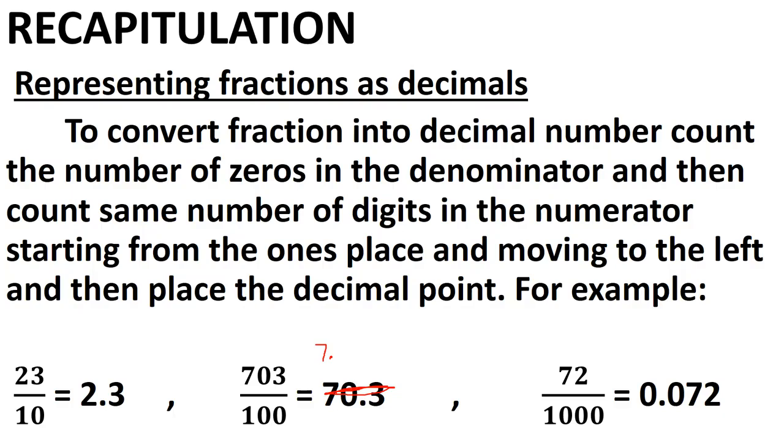It is 7 decimal 0 3. Okay, the earlier one was wrong because here are 2 zeros in the denominator, so the decimal will come before 2 digits. See the third example, 72 upon 1000. Now here are 3 zeros, so the decimal will come before 3 digits.